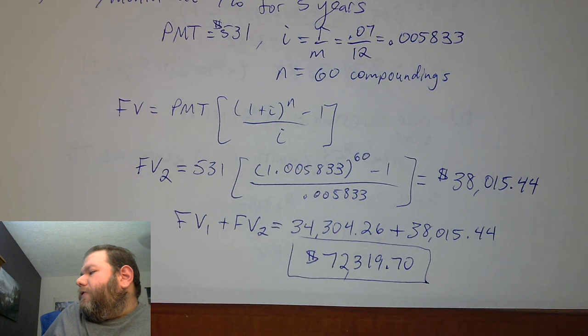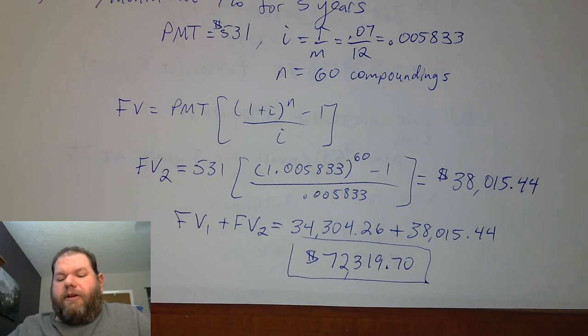The problem will specify if we want to find the interest earned versus the total amount. So it says 72,321. We're off by $1.30. I feel we'll be okay for missing $1.30.